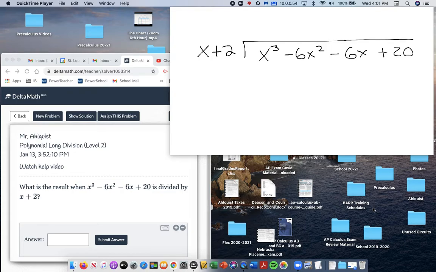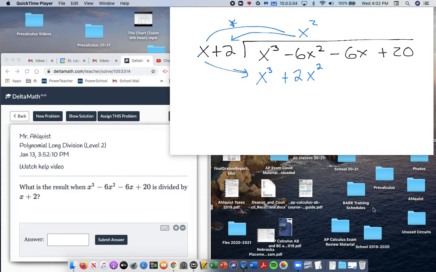So if I go through here, notice that if I want this to be x cubed here, I would need to multiply that x by an x squared. If I multiply x squared times x, I'd get x cubed. But then I also have to multiply that x squared times 2, so to get plus 2x squared.